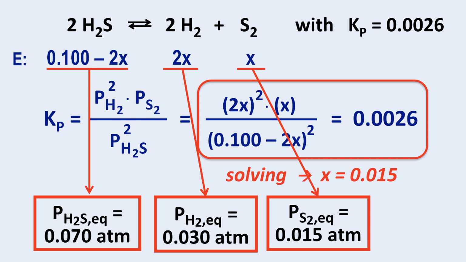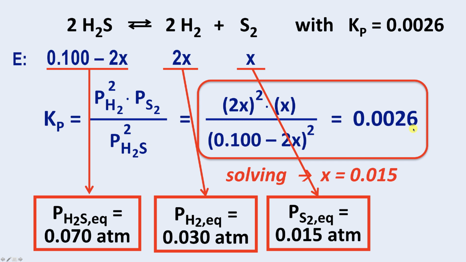One last thing, it's often a good idea, if you have time, to do a quick check to make sure you solved things right. If you did everything right, then the pressure of H2 squared times the pressure of S2 divided by the pressure of H2S at equilibrium, when we do that ratio with these values, we should get about 0.0026.